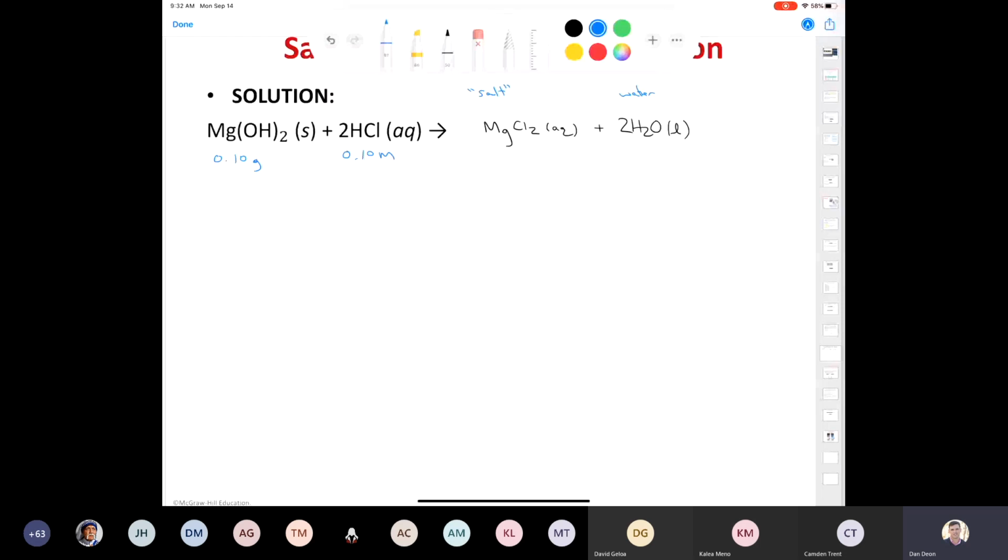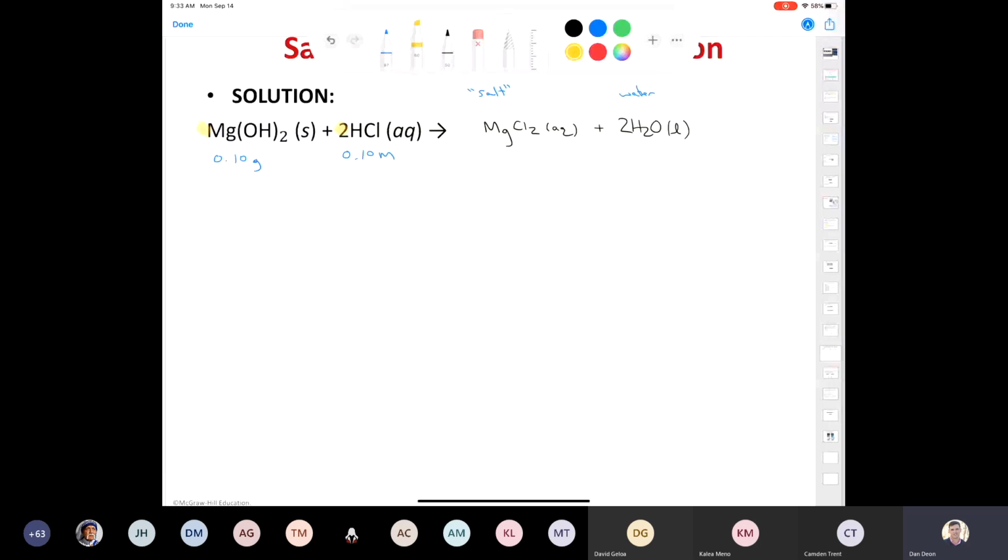Now remember, going back to last class, I said you can't compare grams and molar, right? You have to compare what to what? You have to compare the number of moles of magnesium hydroxide to the number of moles of HCl. So we have to use our balanced equation to get a molar relationship.